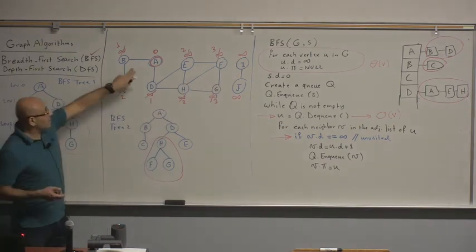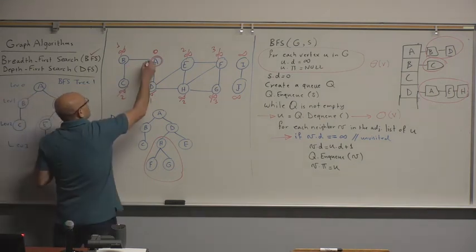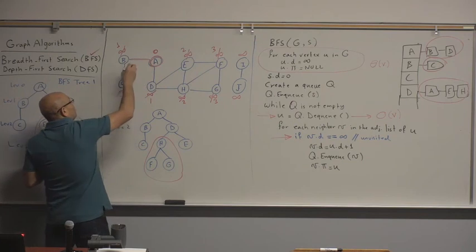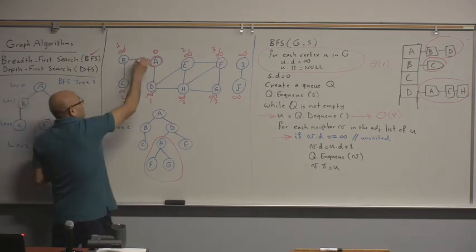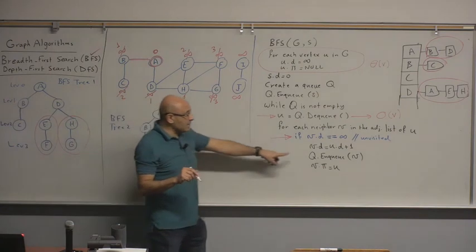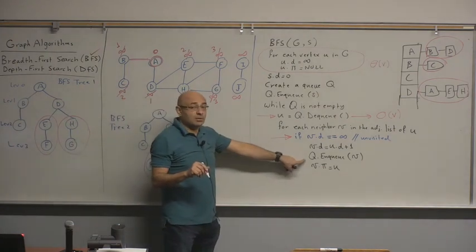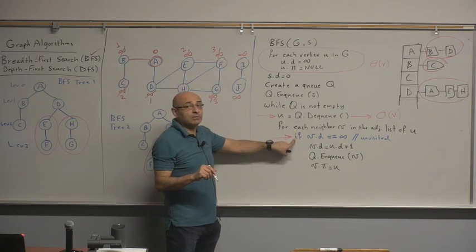So when we looked at the neighbors of A, we processed this edge. And when we looked at the neighbors of B, we still processed this edge. We ended up not enqueuing, so we ended up not executing this. We did not enqueue. We did not execute this, but we still executed the line in blue.